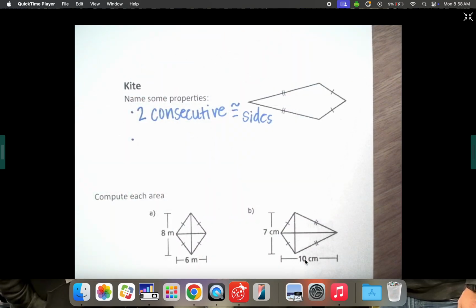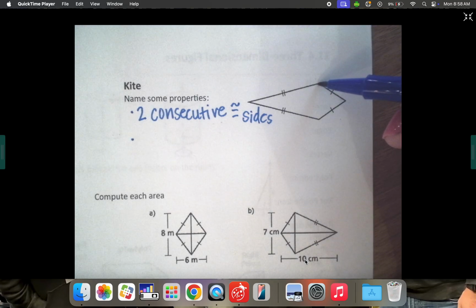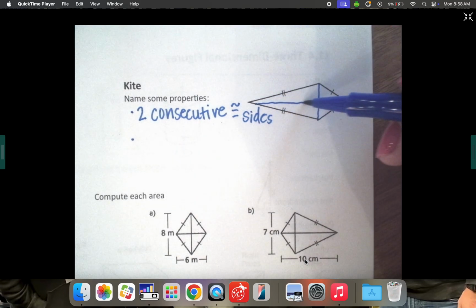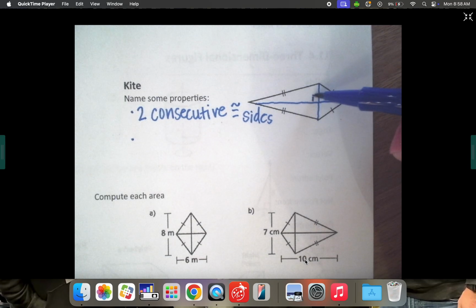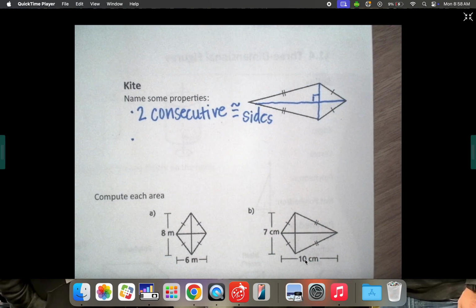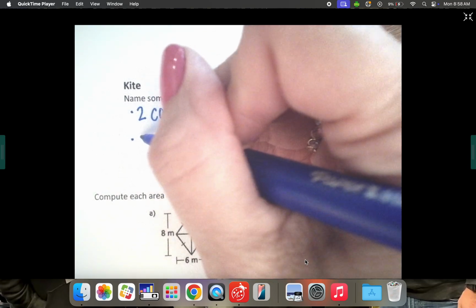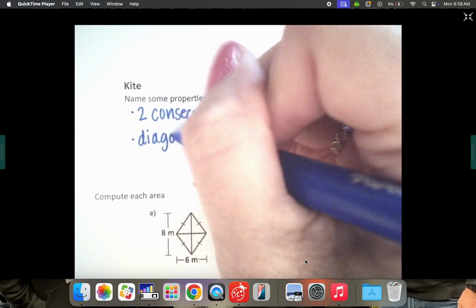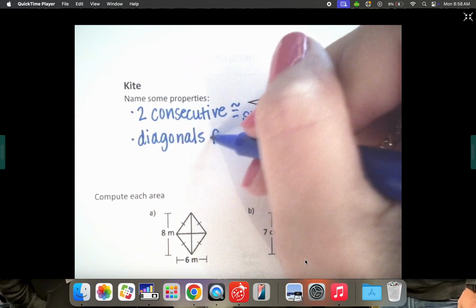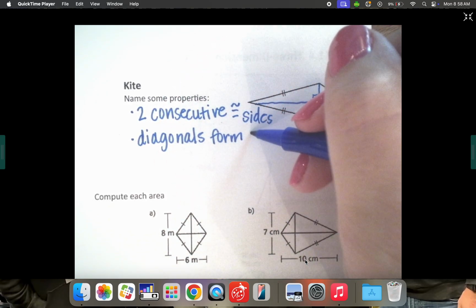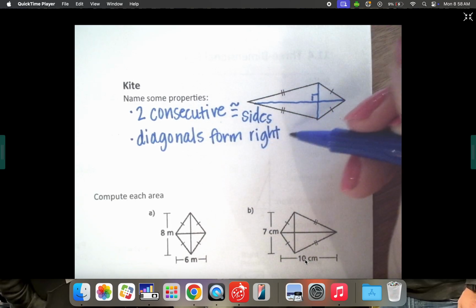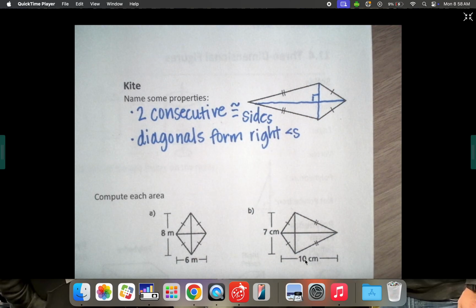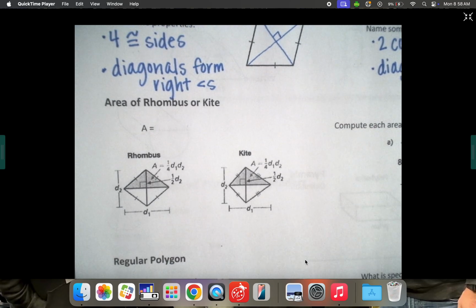And then the only other thing I might bring to your attention is, once again, these diagonals. So the diagonals form right angles.